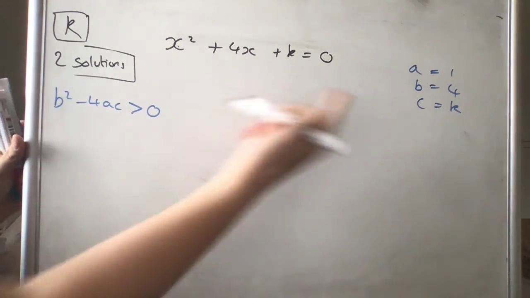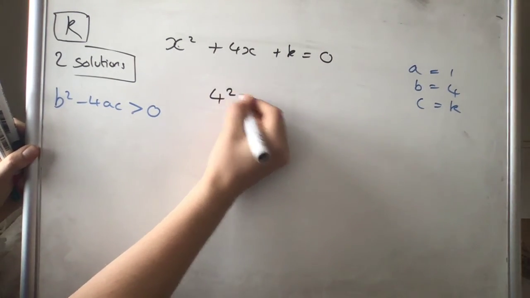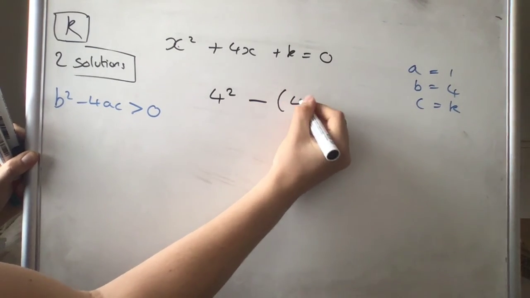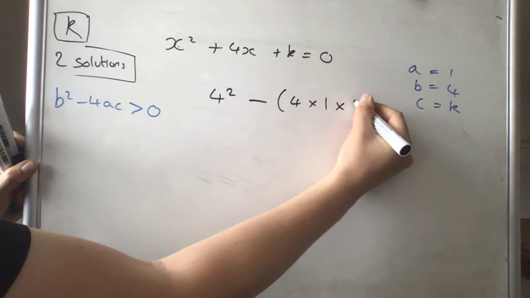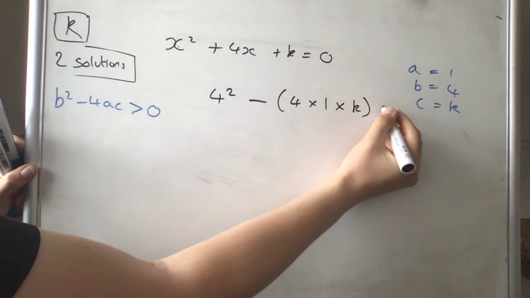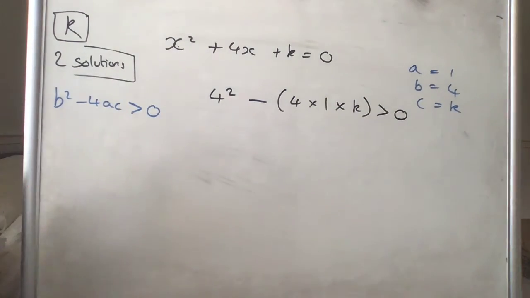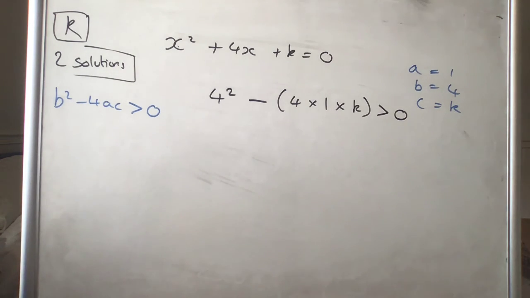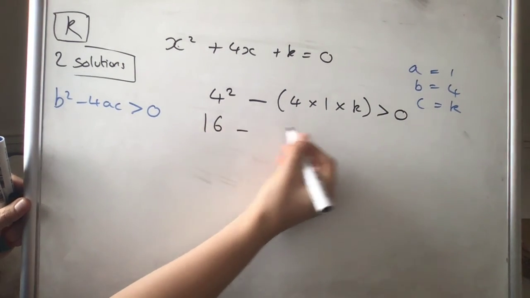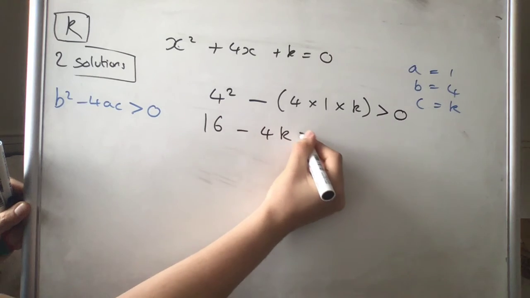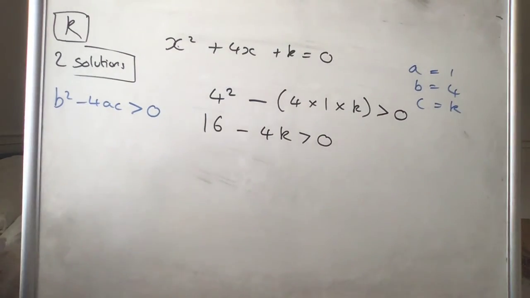We've got b squared, so we've got 4 squared, minus 4 times a, which is 1, times c, which is k. And that's going to be greater than 0. Okay, don't forget the inequality sign. Now 4 times 1 times k is 4k, and 4 squared is 4 times 4, which equals 16. So this is going to be 16 minus 4k is greater than 0.